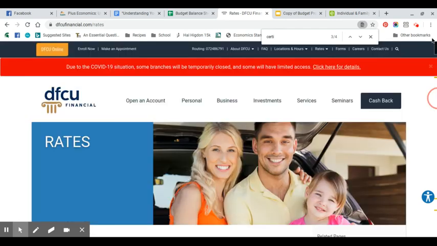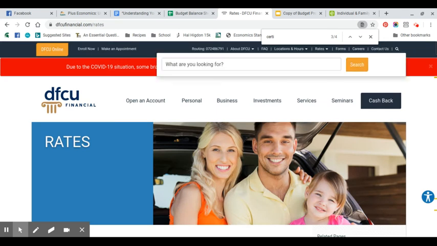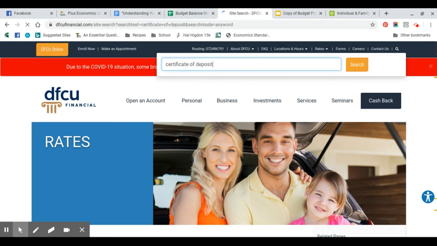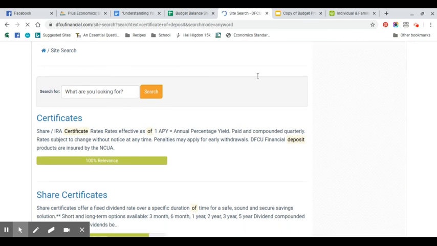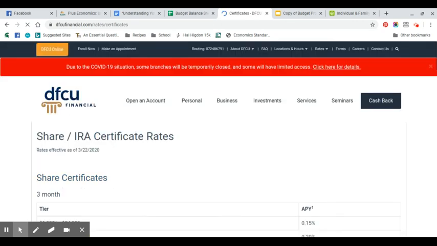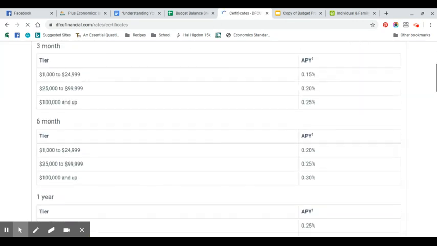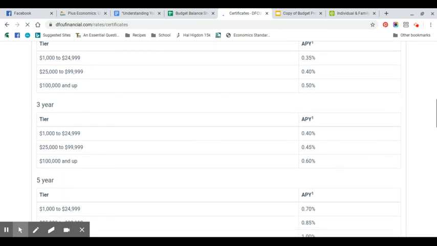That doesn't mean they don't have them. I'm going to search here. This says certificate, so I'm going to look at this one just to see. Yep, this is the same thing as a certificate of deposit.